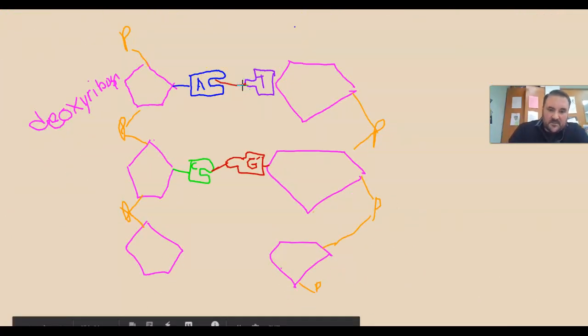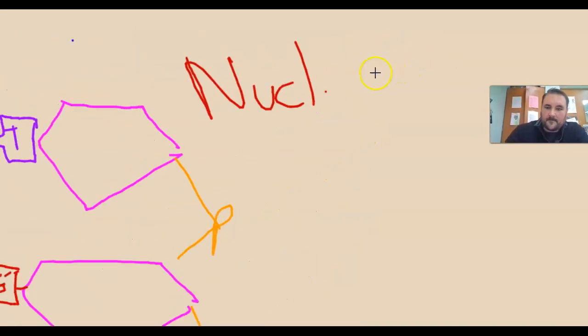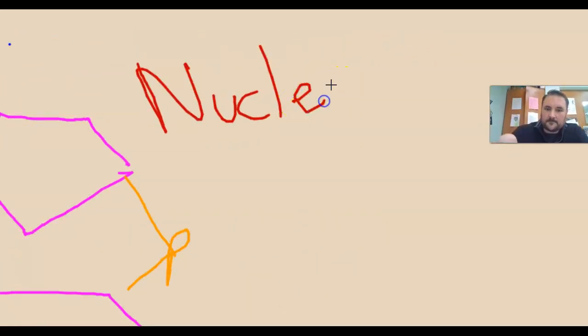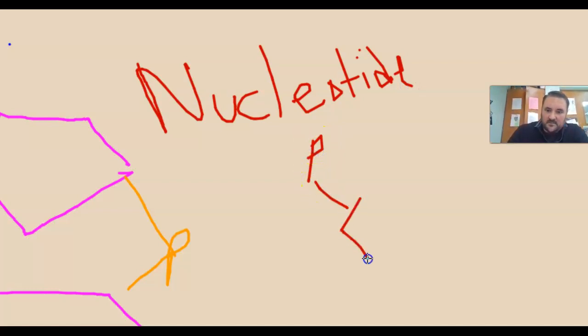These connect across there, and that's what we call a nucleotide. A nucleotide is your phosphate, a sugar, a nitrogen base.